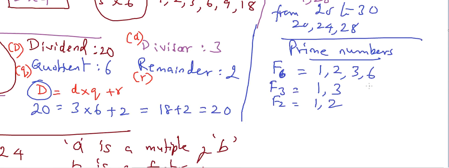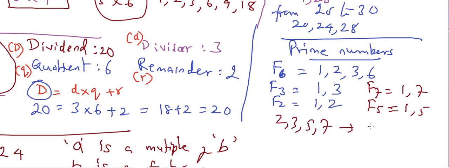Similarly, the factors of 7 are 1 and 7, no other factors. The factors of 5 are also 1 and 5, just 2 factors. So 2, 3, 5, 7 are prime numbers.